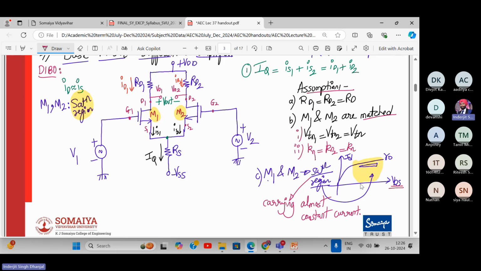Yes or no? Now, the current magnitude will change when we change the value of VGS. This is VGS1, VGS2, higher value, right? If we reduce the value of VGS, the current level will come down. If we increase the value of VGS, the current level will go up. Are you following? But if we keep the VDS value same, the current is almost a straight line. Did you understand this fact?